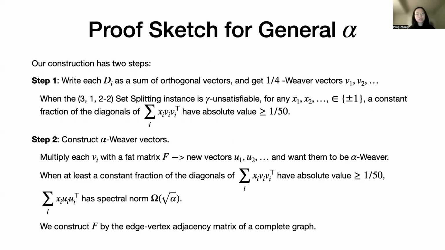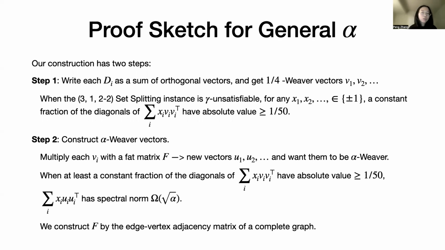Okay, here is a sketch of our proof. Our construction has 2 steps. The first step is similar to our construction for alpha being 1/4. We write each D_i as a sum of orthogonal vectors, and we get 1/4 Weaver vectors, v_1, v_2, and so on.